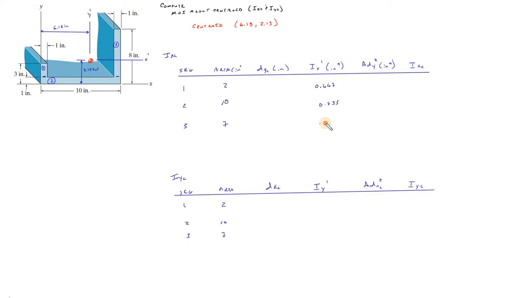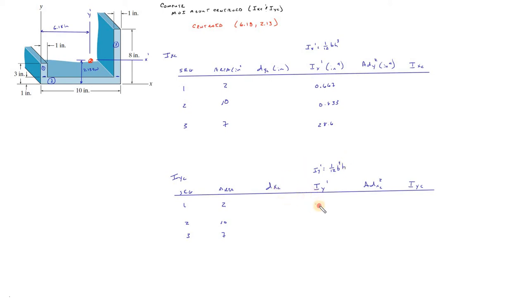I'll write down that equation. Remember, Ix prime in this case was 1/12 base times height cubed, and my Iy is 1/12 base cubed times the height.